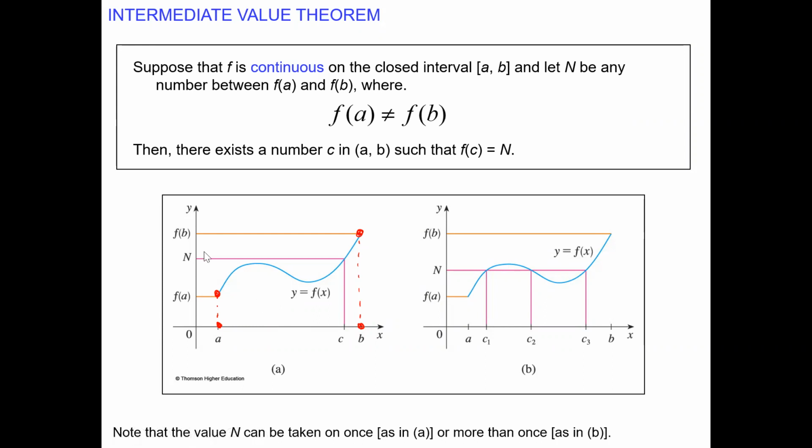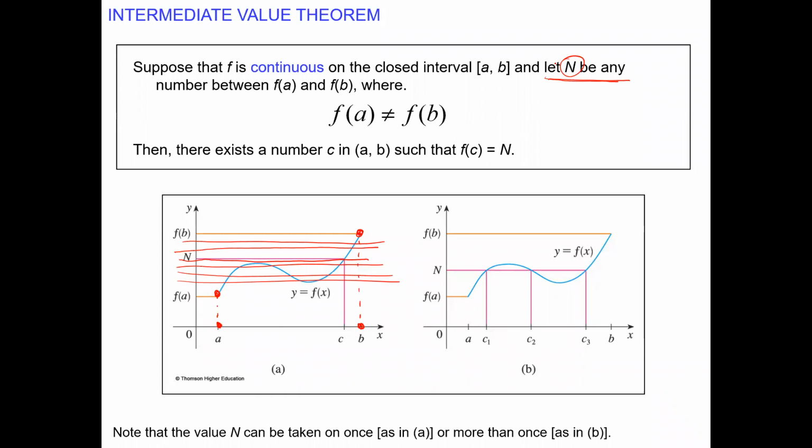Let's see. I can represent n as a horizontal line, because the horizontal line is the value. I can draw infinitely many of these lines, any number n, but it must be a horizontal line placed between f of a and f of b.